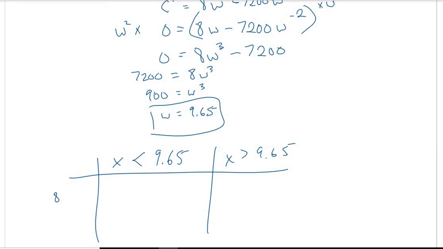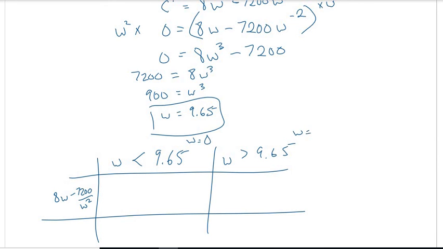So 8w minus 7,200 over w squared. And we're just going to pick a test value for each side. Let's say w equals 0 and w equals 10.